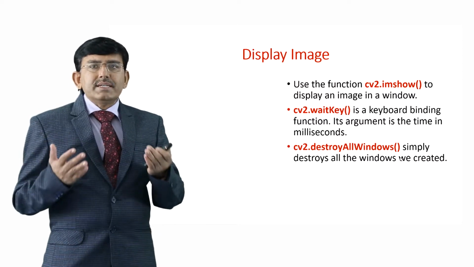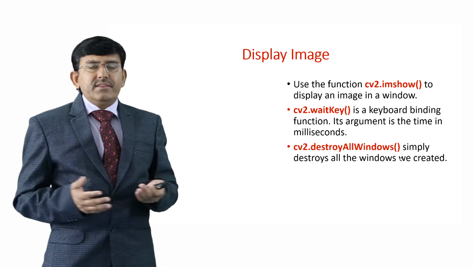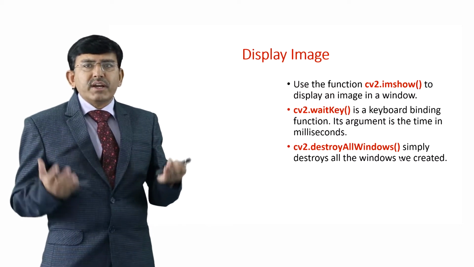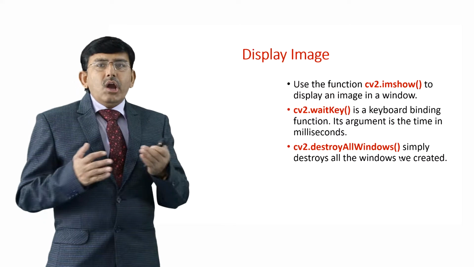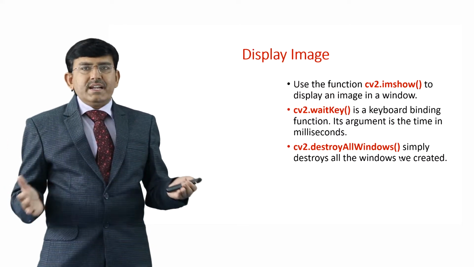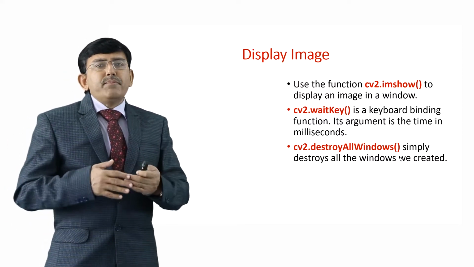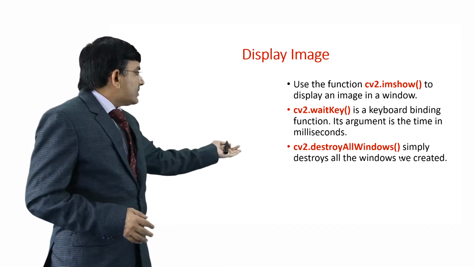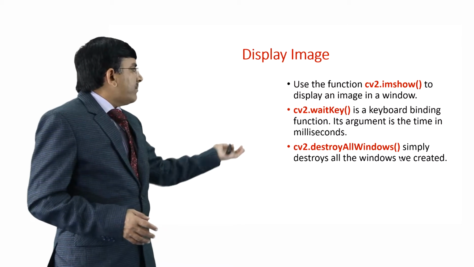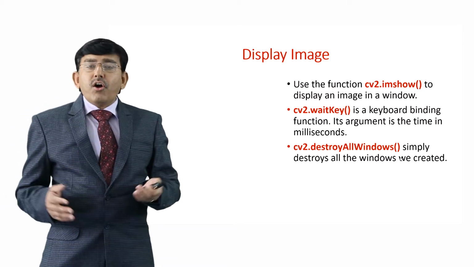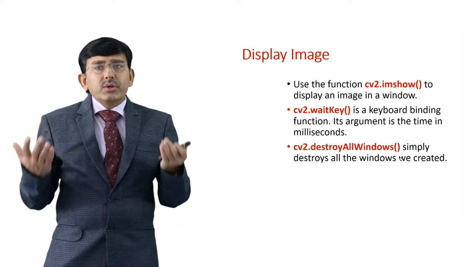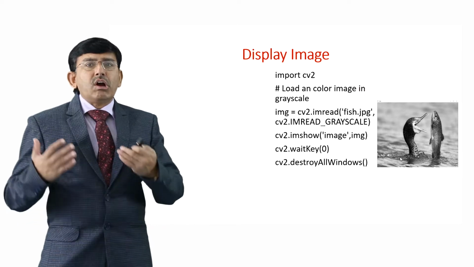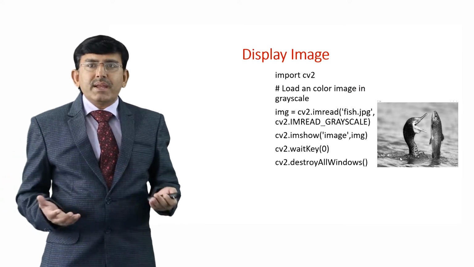Its argument is the time in milliseconds. The cv2.destroyAllWindows function simply destroys all the windows which are created. Using this function, if multiple windows are currently open, they will get closed and the buffer of the primary memory will be freed for utilizing to execute other programs or functions or statements in the primary memory.